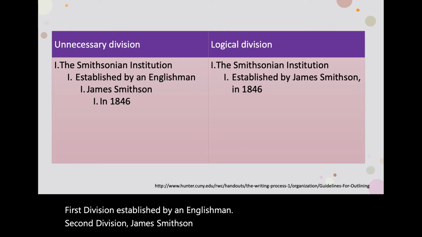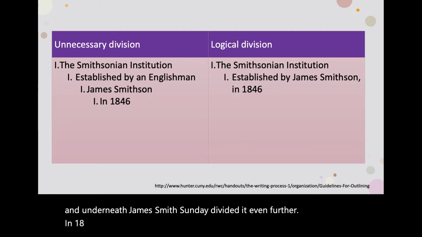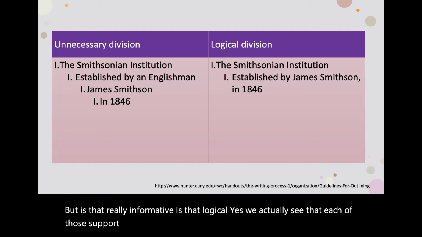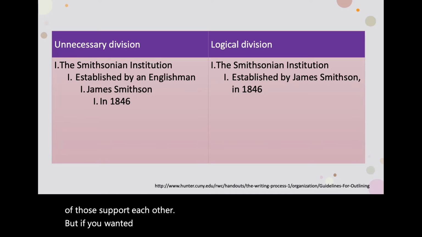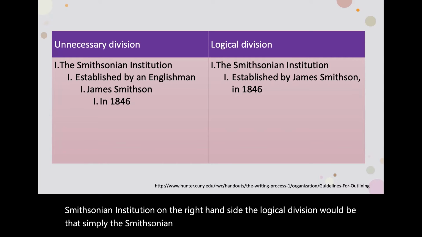And underneath James Smithson, they divided it even further, 1846. But is that really informative? Is that logical? Yes, we actually see that each of those support each other. But if you wanted to really think about how they're connected, the Smithsonian Institution on the right-hand side, the logical division would be simply that the Smithsonian Institution was established by James Smithson in 1846.